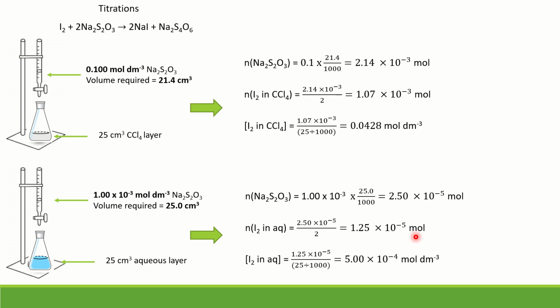And finally, you find the concentration of iodine in aqueous. Number of mole divided by the volume. The volume here is 25 cm cube. So you will get 5.00 times 10 negative 4 mole per dm cube. So from this calculation, you already figure out the number of mole and the concentration in CCl4 and also the concentration of iodine in aqueous.